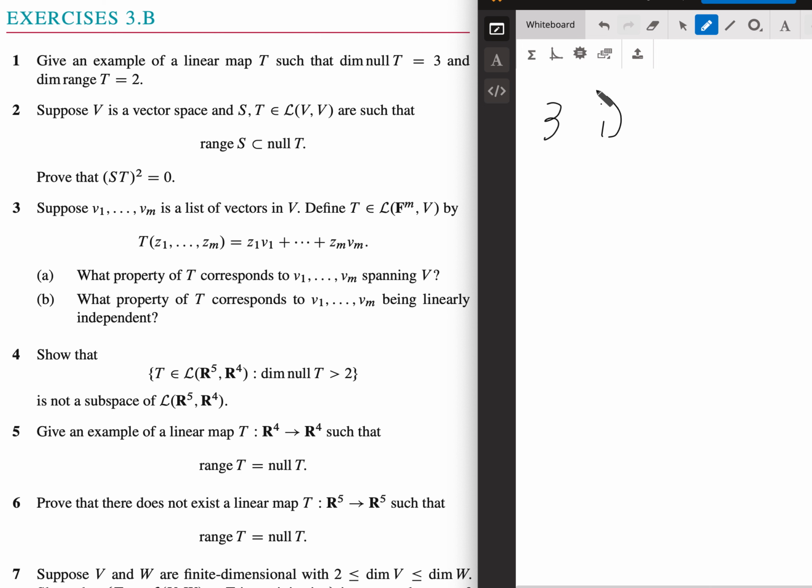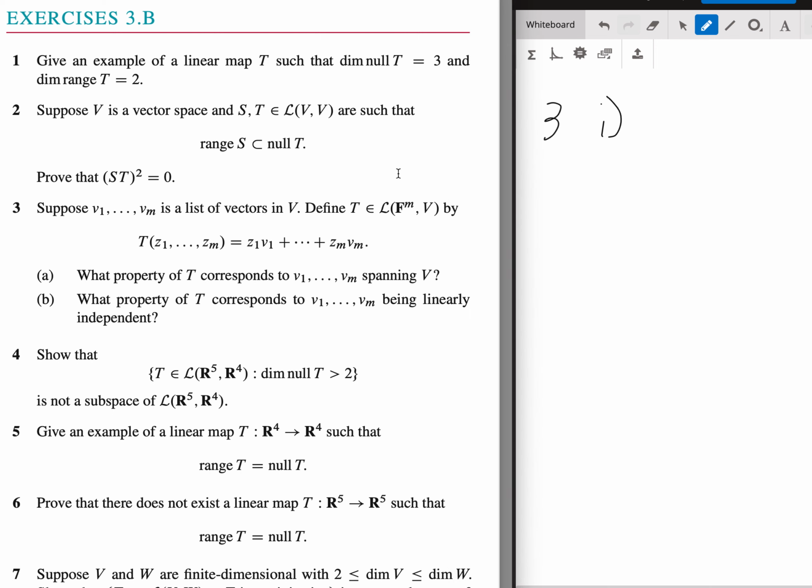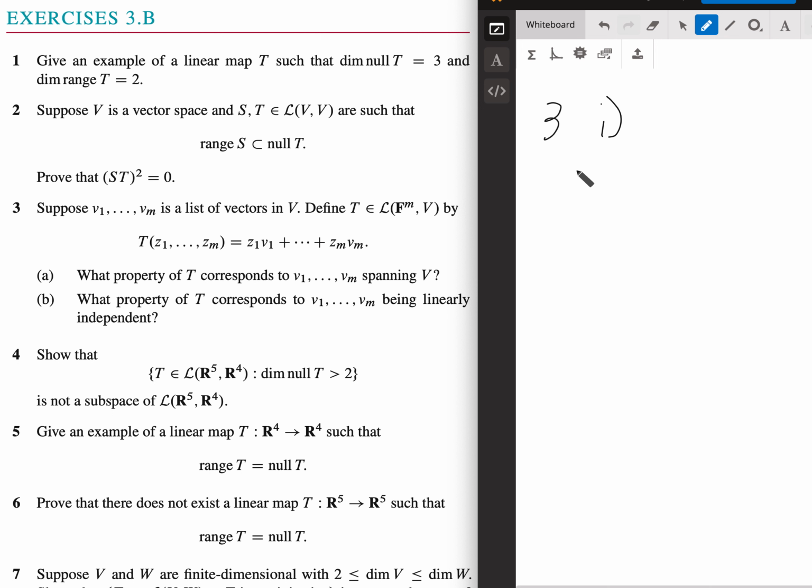So then consider a list of vectors in V, defined by some sort of map, so you're mapping from, let's say, F^m into V. It's not entirely clear how to think about this just yet, so I'll just write some things down.